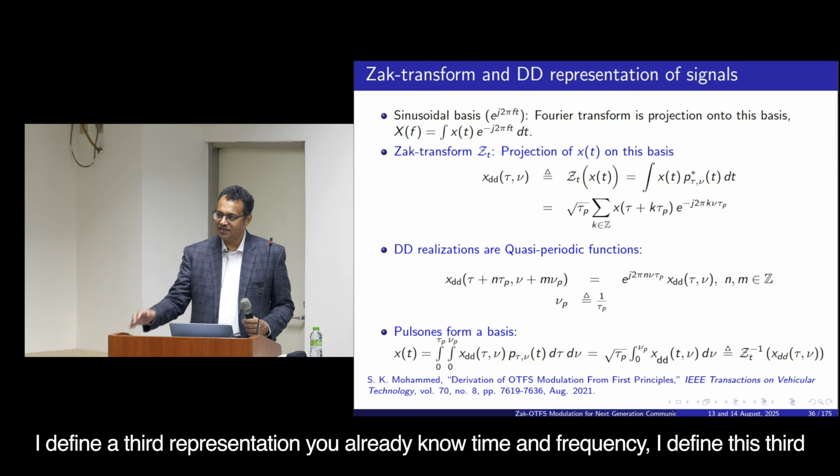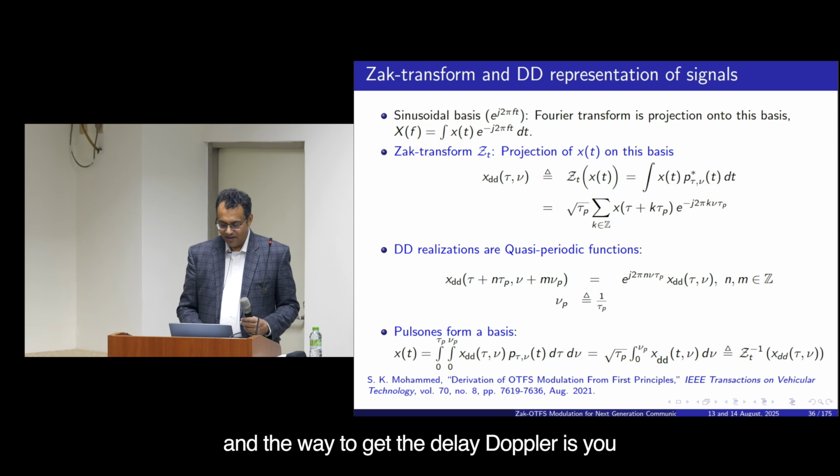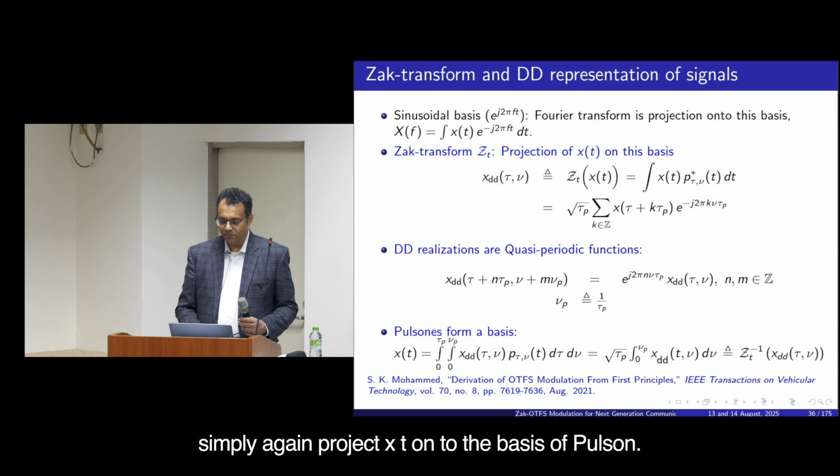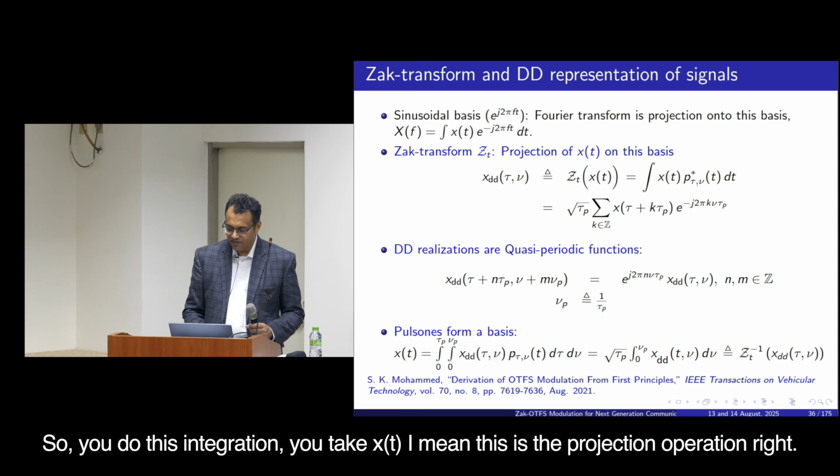I define a third representation. You already know time and frequency. I define this third representation called the delay-Doppler representation, and the way to get the delay-Doppler is you simply again project x(t) onto the basis of pulsons. So, you do this integration, this is the projection operation, right.